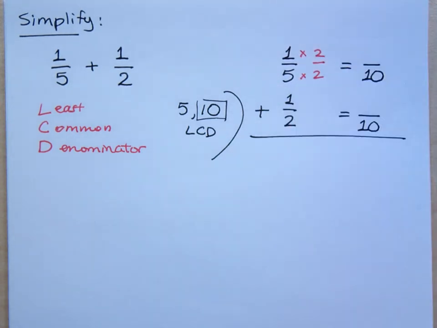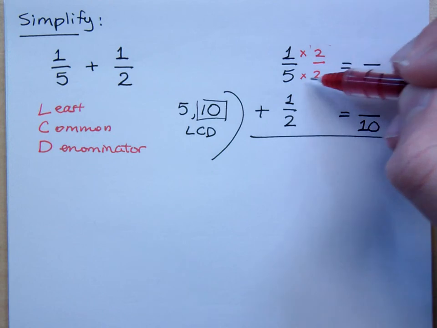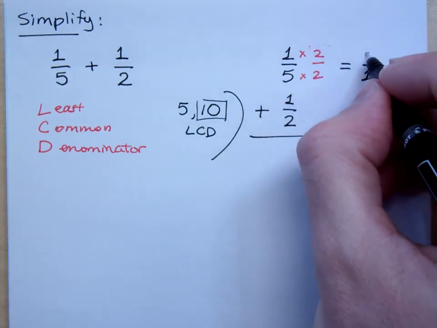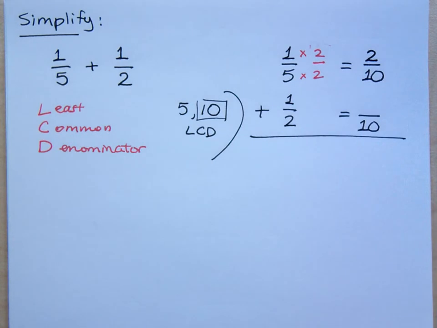Did I multiply 1/5 times 2? I did not multiply 1/5 times 2. I multiplied 1/5 times what? 2 over 2, which is a form of 1. So 1/5 is the same as 2/10. Do y'all believe that?